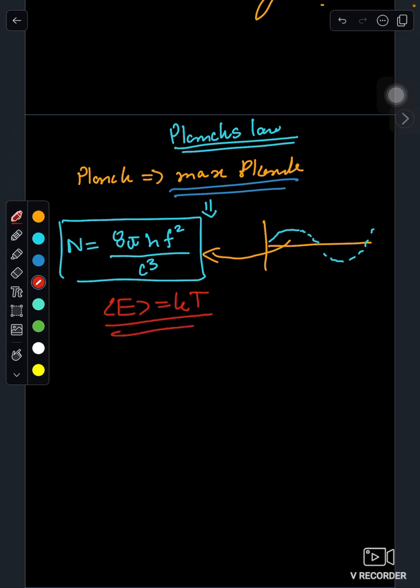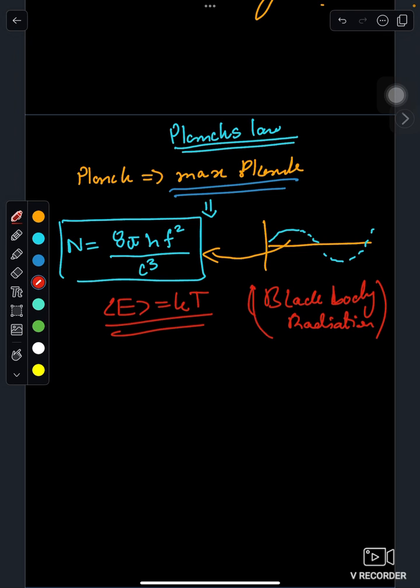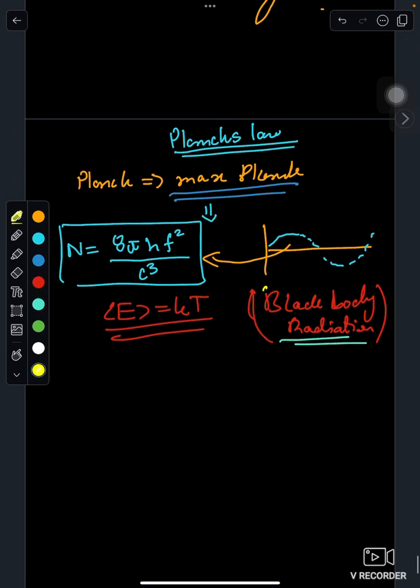Okay, here we are talking about black body radiation. Our main topic will be black body radiation. We'll be talking about black body radiation in terms of an object, a simple harmonic oscillator.